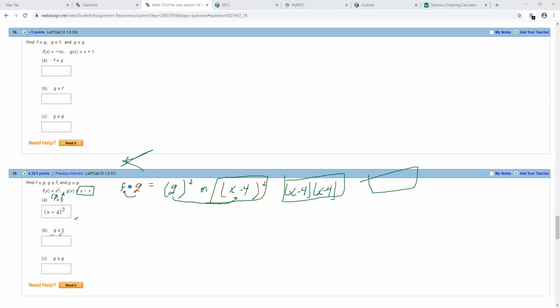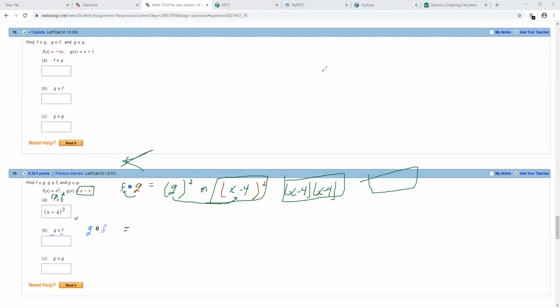This one's F. And so G compose F. So G, and then we have F, and then we have the mathematical operation compose equals.